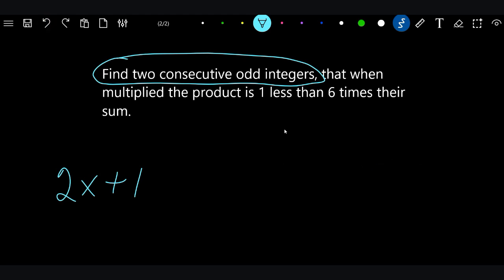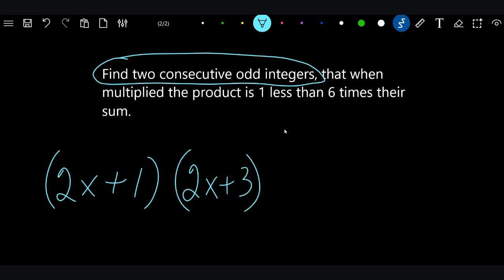So let's find two consecutive odd integers. If we take 2x plus 1, and we multiply that times 2x plus 3, that will give us the next, what's called consecutive odd. So we took the first one, 2 times 6 plus 1, and that gave us 13.